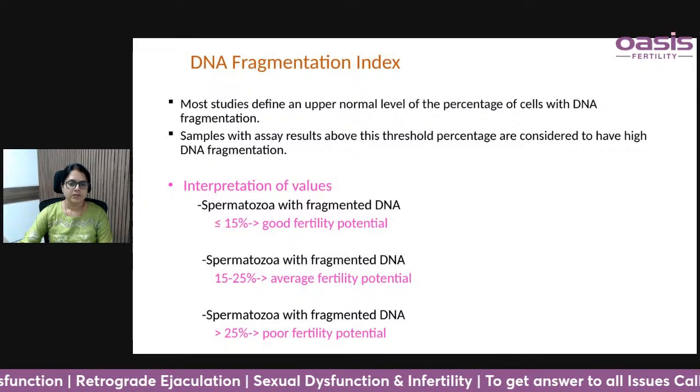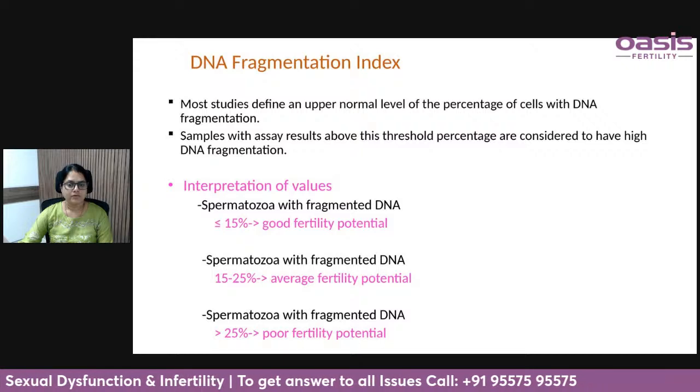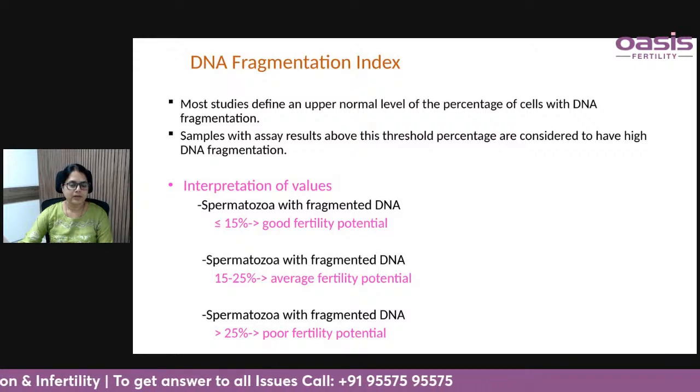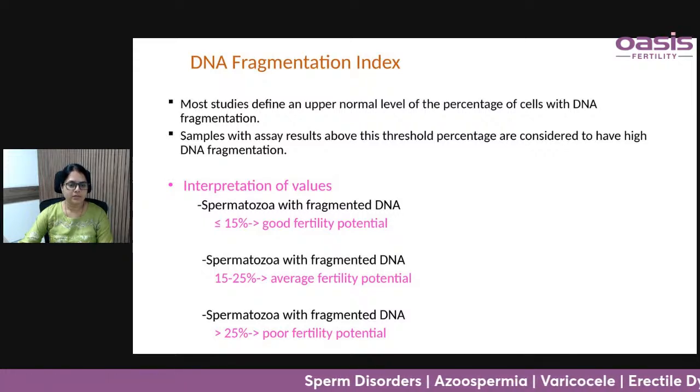DNA fragmentation index: most studies define an upper normal level of the percentage of cells with DNA fragmentation. Samples with assay results above this threshold percentage are considered to have higher DNA fragmentation.